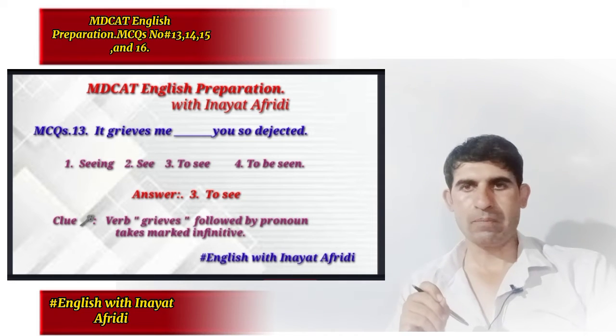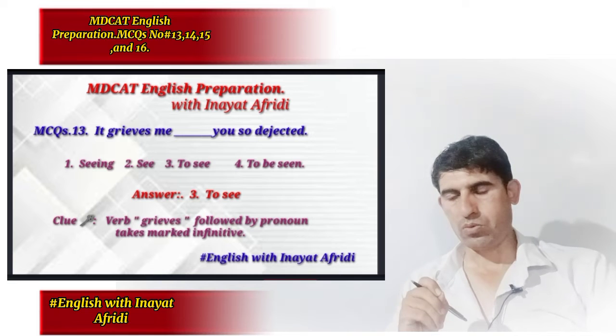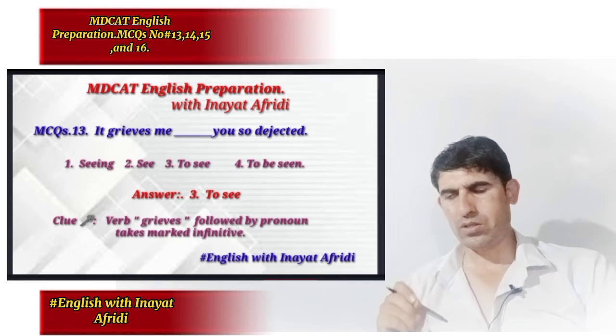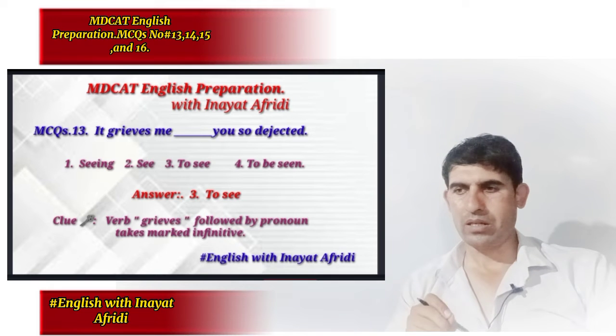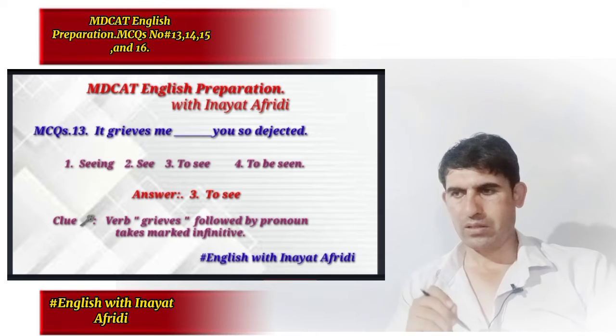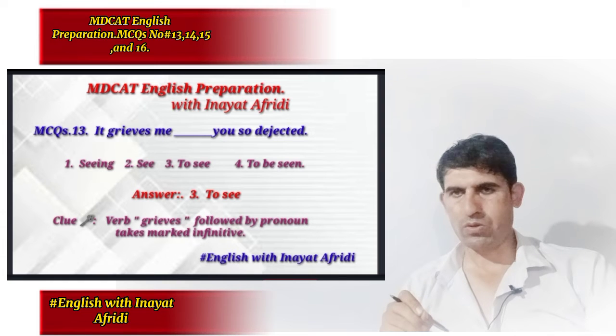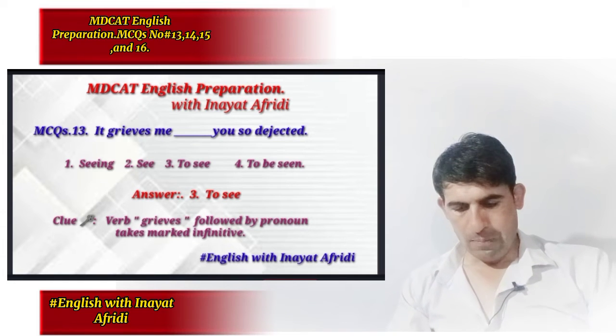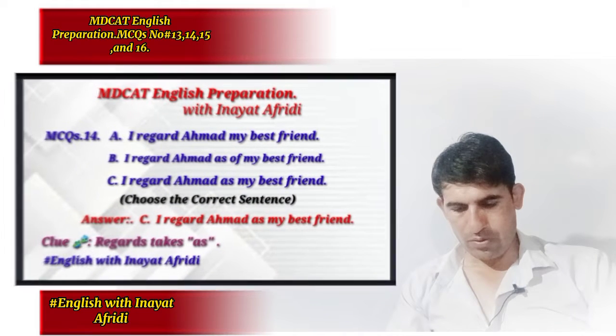So we use the marked infinitive. So: grieves me to say, grieves me to understand, grieves me to speak, grieves me to solve, grieves me to contact, and many more examples. I hope that's understood.